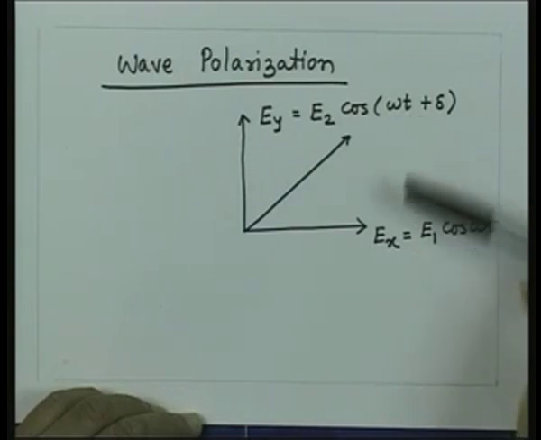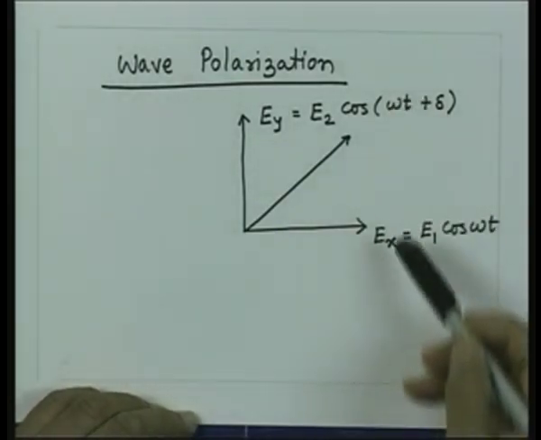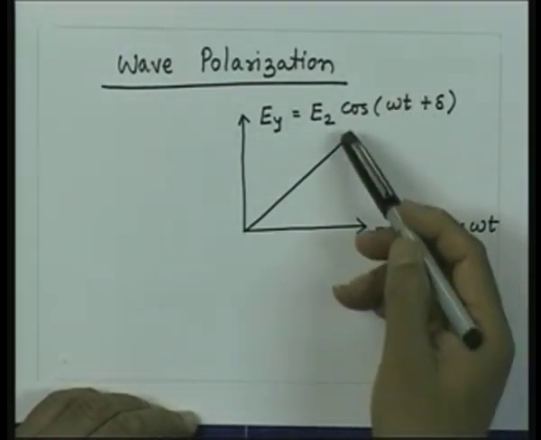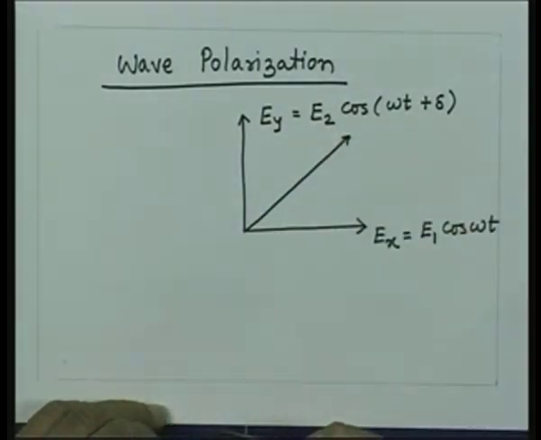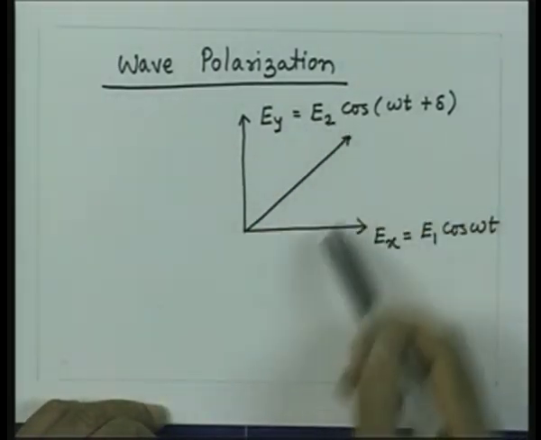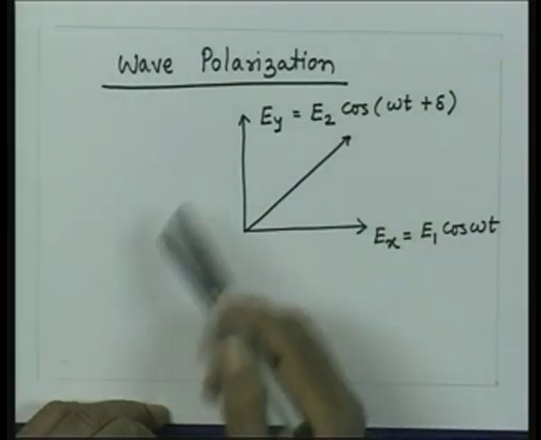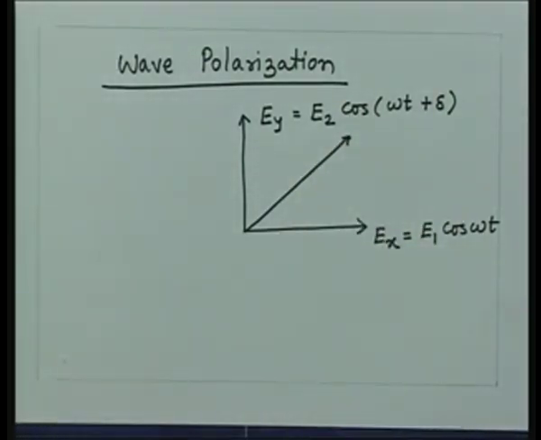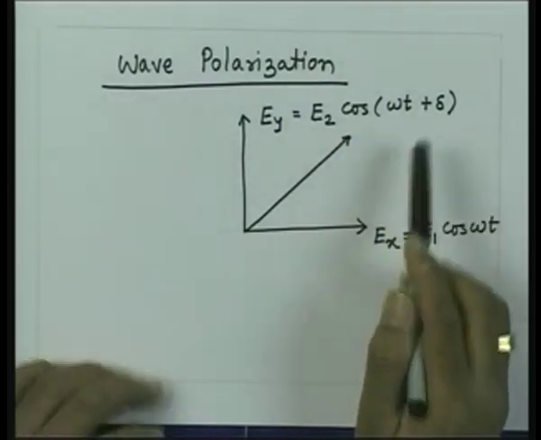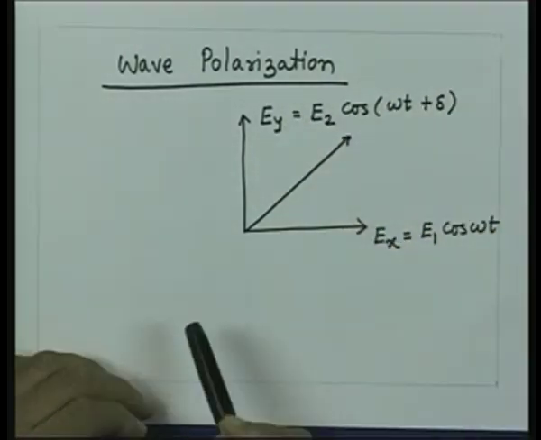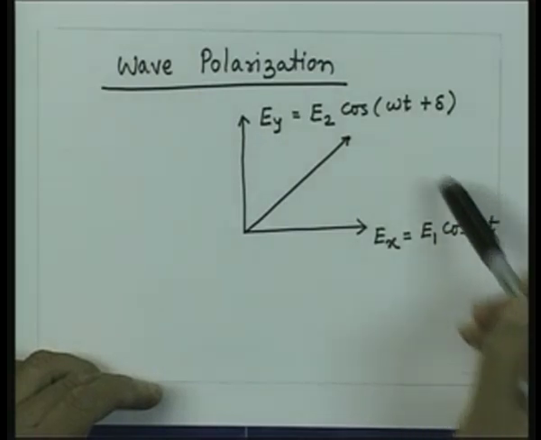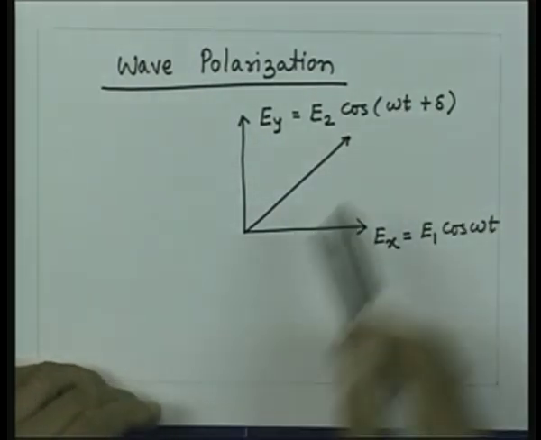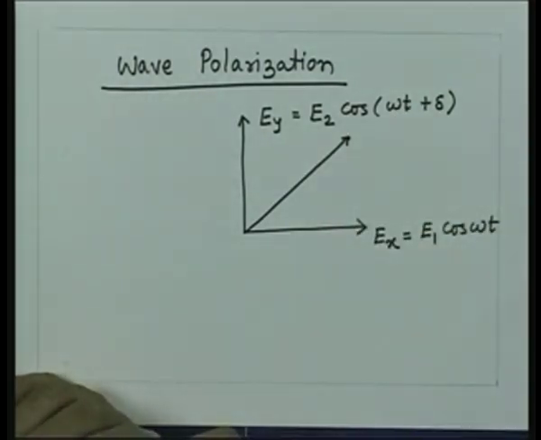So, if I have to find out now the locus of the tip of the electric field, essentially we eliminate the time parameter in this, and from here we get the locus of the tip of the electric field vector. That gives me the equation of the curve which the tip of the electric field vector would draw. So, at any location, this is the time variation which I am going to get, and by eliminating the time parameter, essentially I can get the locus of this curve.